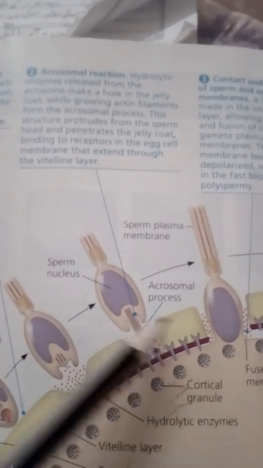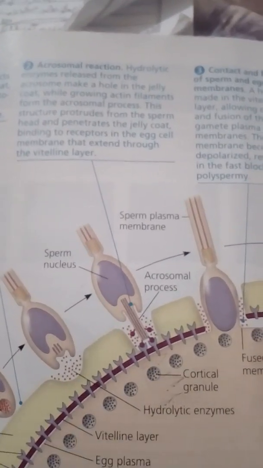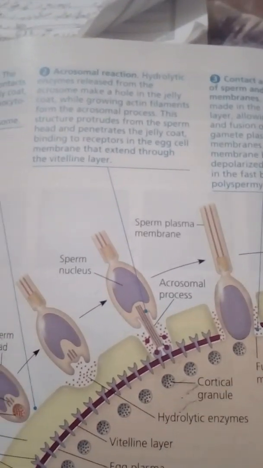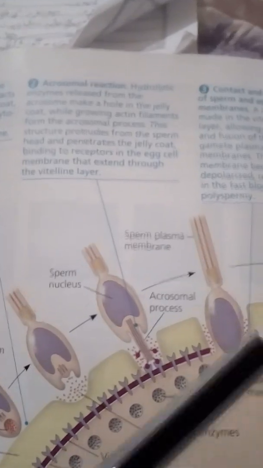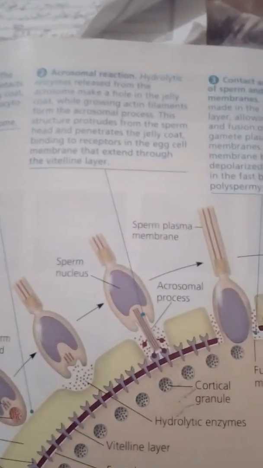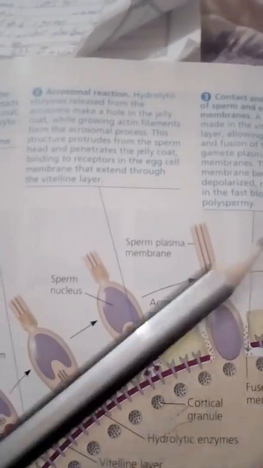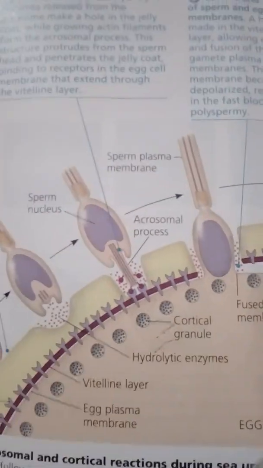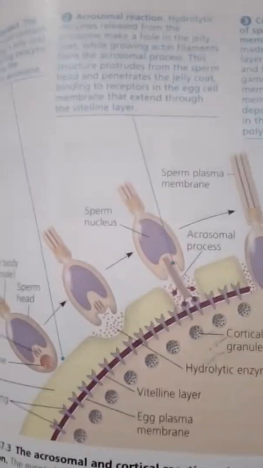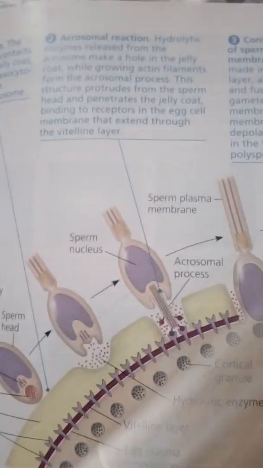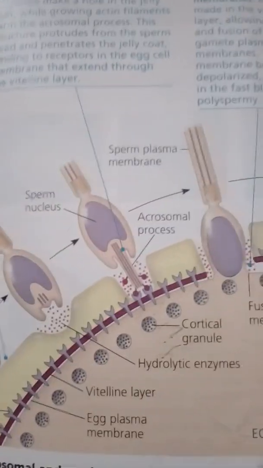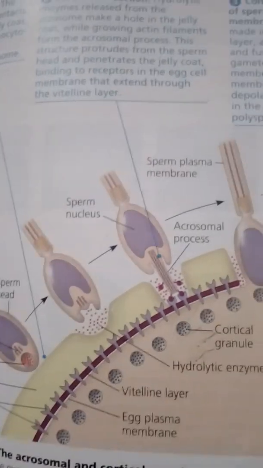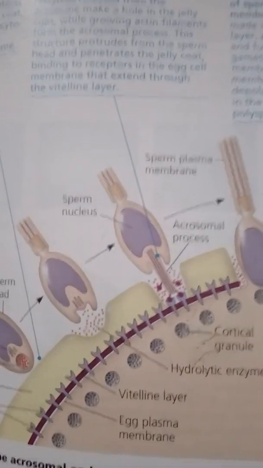These receptors extend from the plasma membrane of the egg cell through the vitelline layer, a meshwork of extracellular matrix molecules lying under the jelly coat in sea urchins and many other animals. This lock-and-key recognition of molecules ensures that an egg will be fertilized only by sperm of the same species.